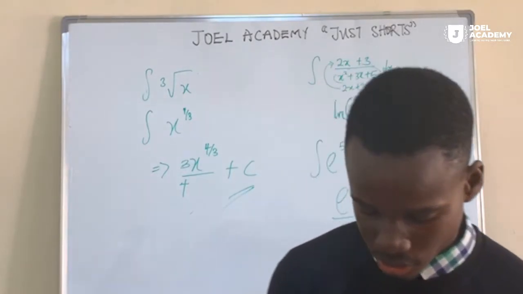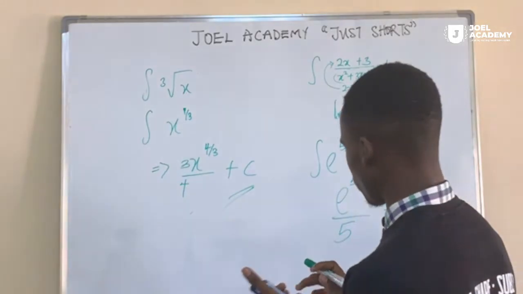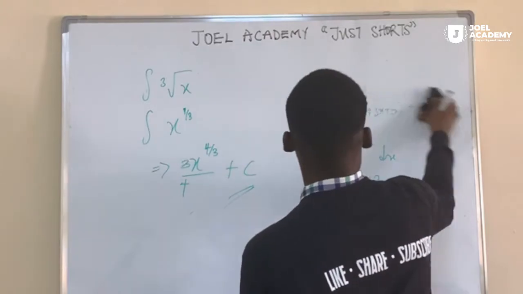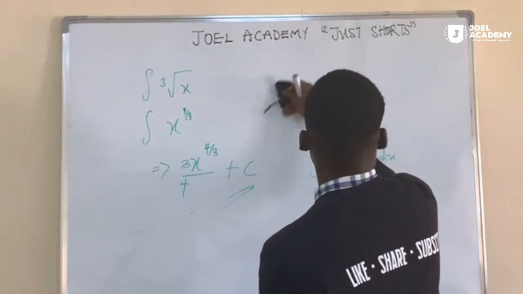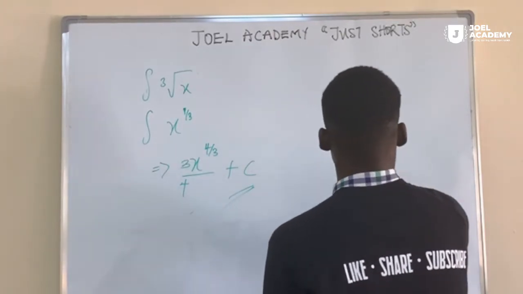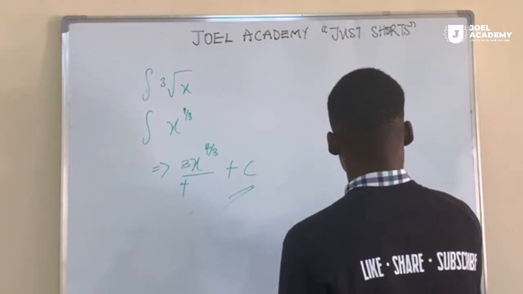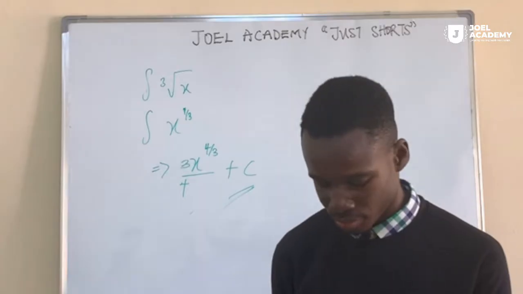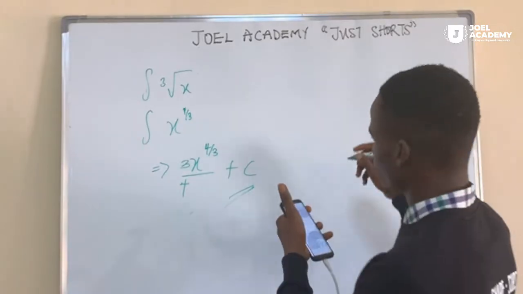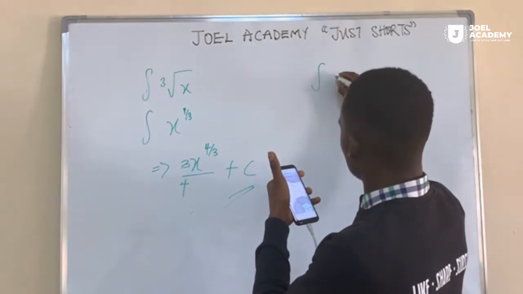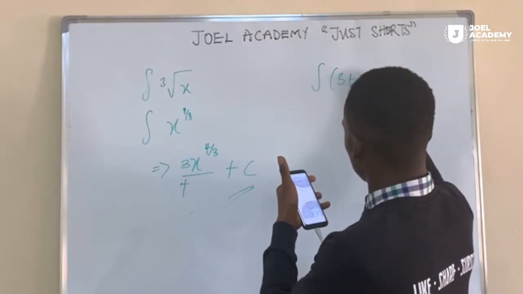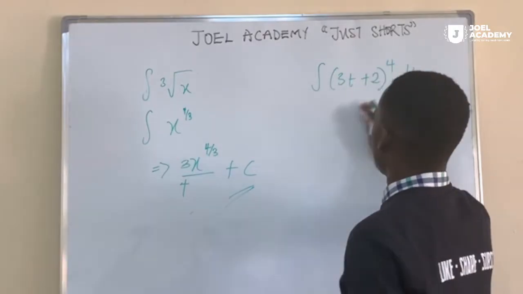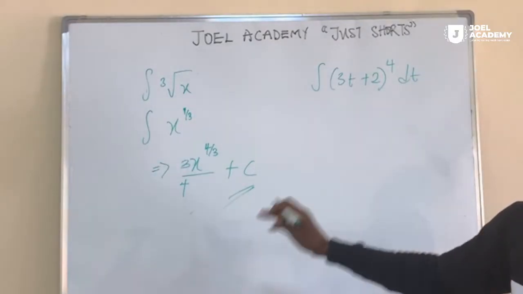So let's solve more questions. We're just dealing with shortcuts. Okay, so you have this question: the integral of (3t plus 2) raised to power 4 dt, which means we are told to integrate with respect to t.